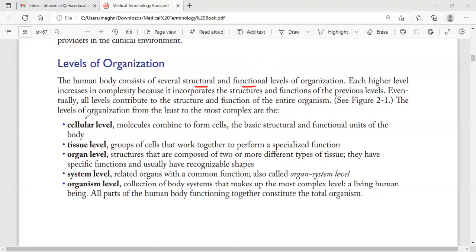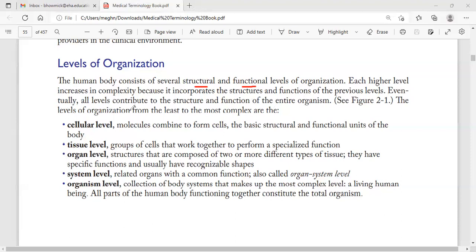Each higher level increases in complexity because it incorporates the structures and functions of the previous level, and eventually all levels contribute to the structure and function of the entire organism.